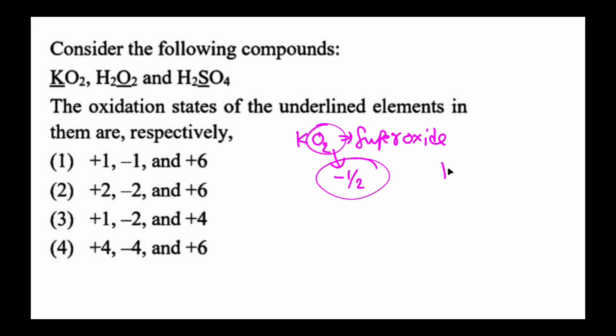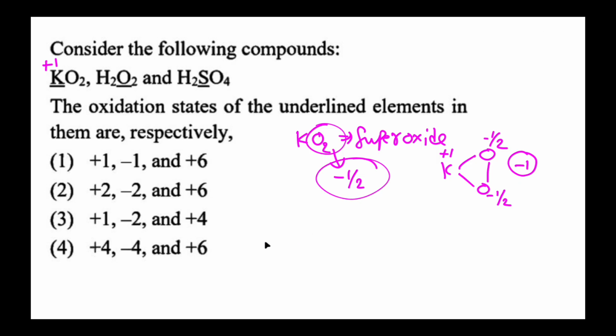Two oxygens are there, so each oxygen is -1/2, -1/2. So overall oxygen carries -1 oxidation state, then potassium carries +1. So in potassium superoxide, potassium shows +1 oxidation state.